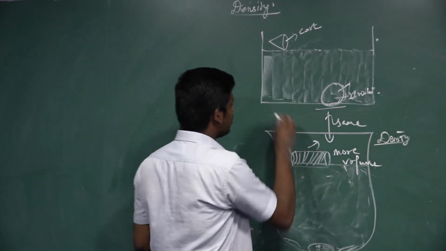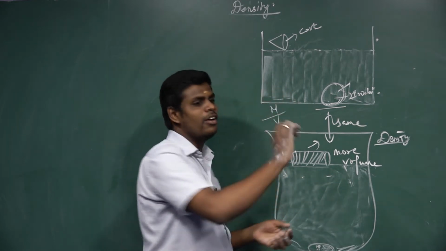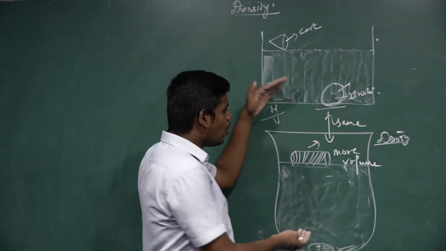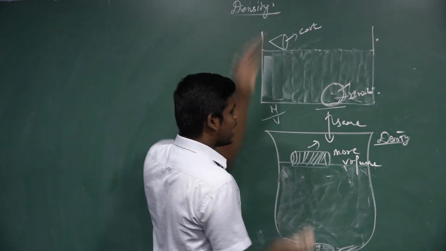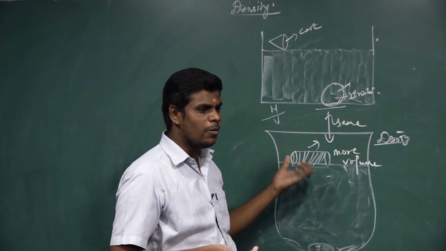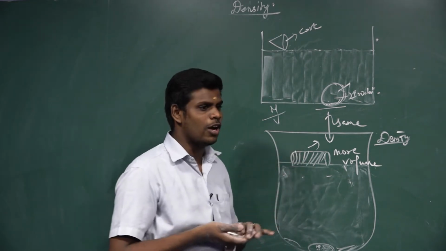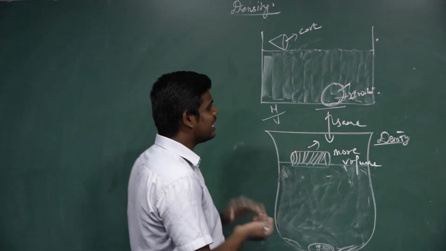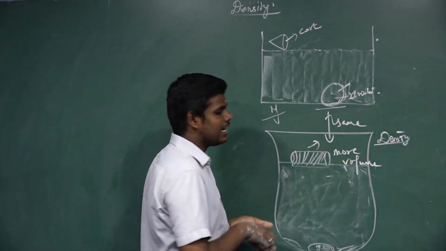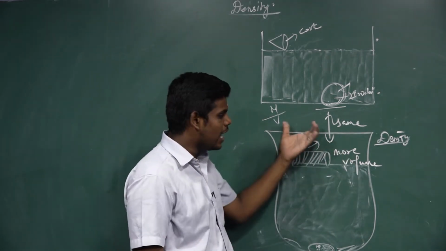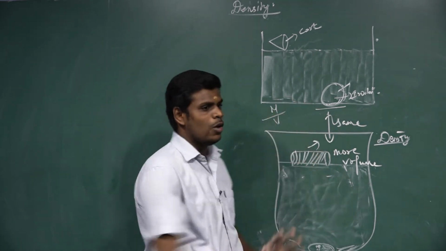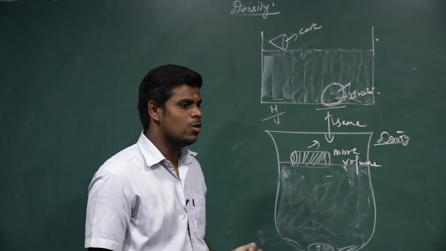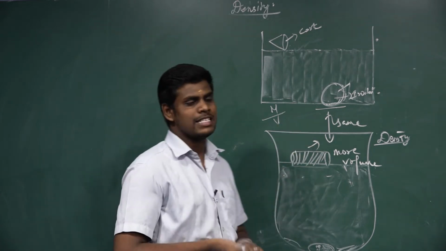That is mass divided by volume. If more mass is packed into a volume, it has greater density. So the iron ball sinks in the water, while the wooden block has less mass for the same size.